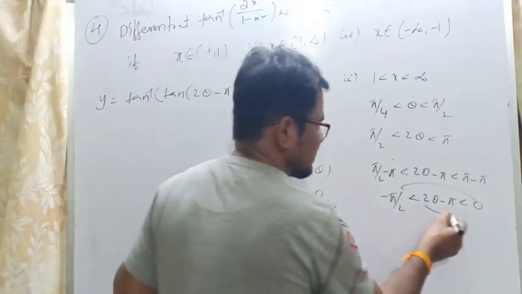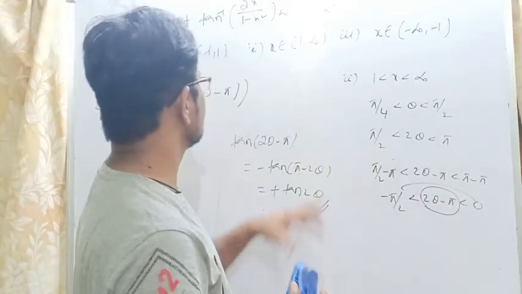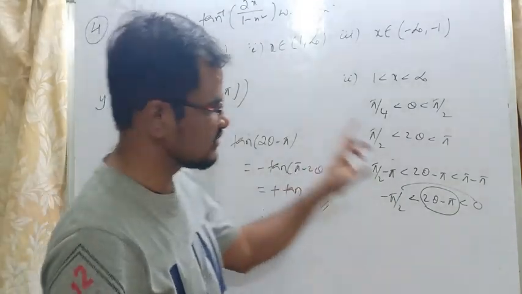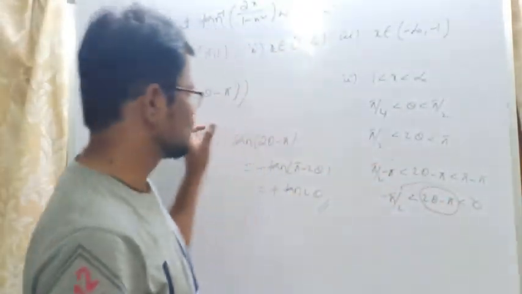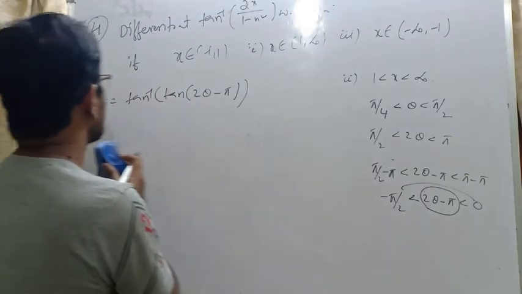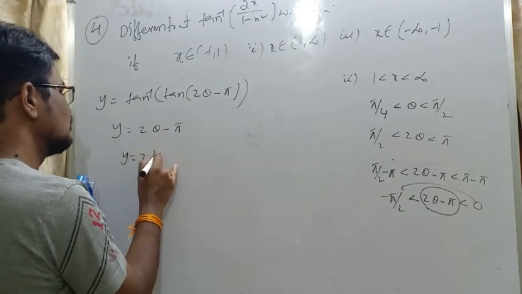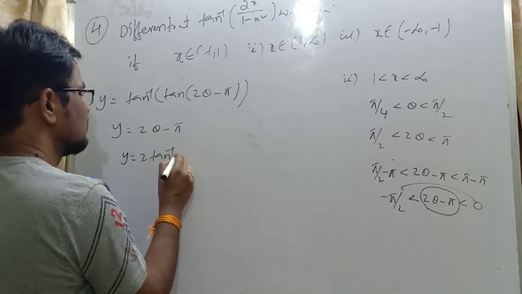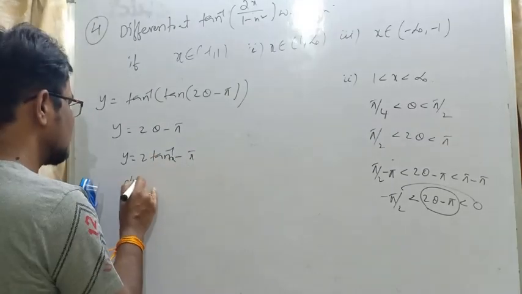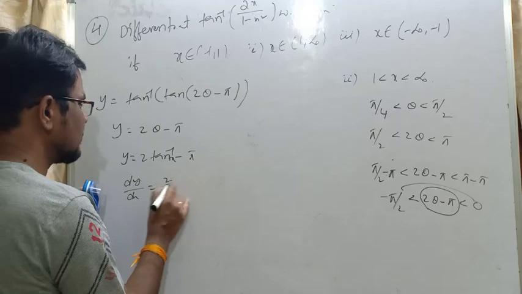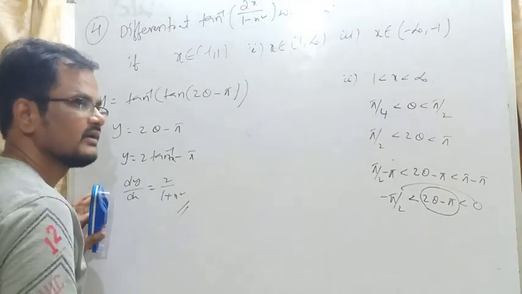So 2 theta replaced by 2 theta minus pi, positive only getting. Now y equal to 2 theta minus pi, y equal to 2 tan inverse x minus pi. Now dy by dx equal to 2 by 1 plus x square, right?